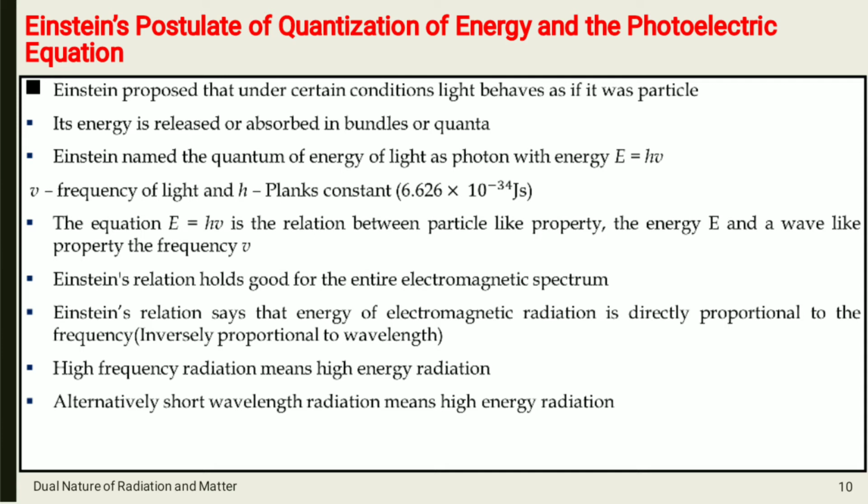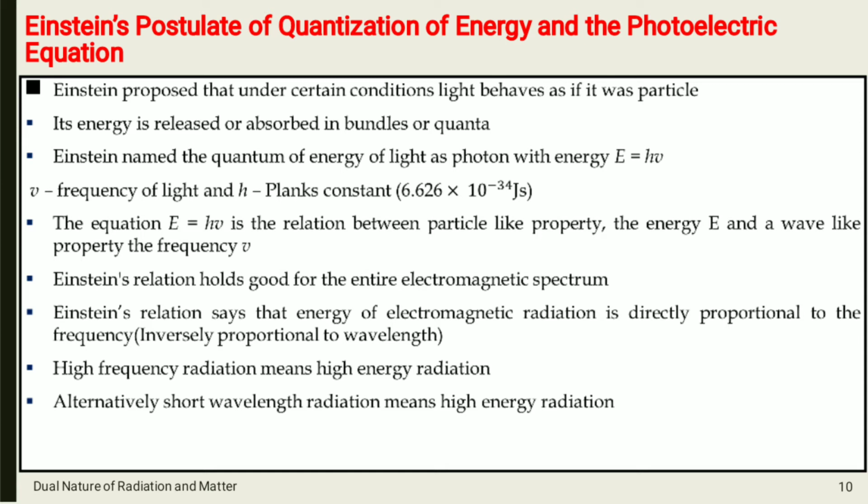Its energy is released or absorbed in bundles or quanta. Light energy is released or absorbed in the form of bundles, not continuously. Einstein named the quantum of energy of light as photon with energy E equal to h nu, which we are always using.